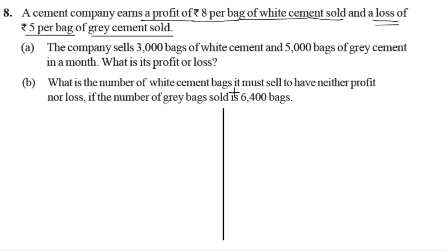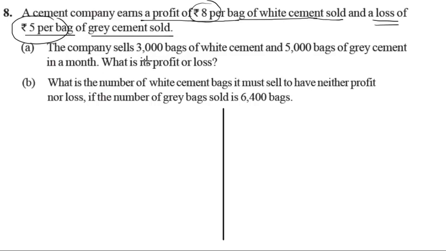So the company is earning a profit on the white cement bag, that profit is rupees 8, and the company is incurring a loss of rupees 5 per bag for the grey cement sold.